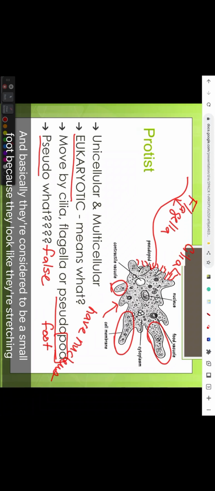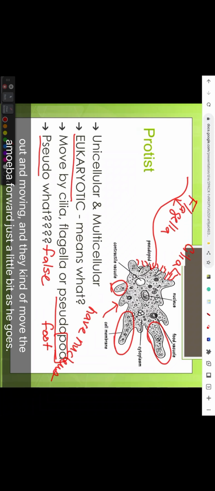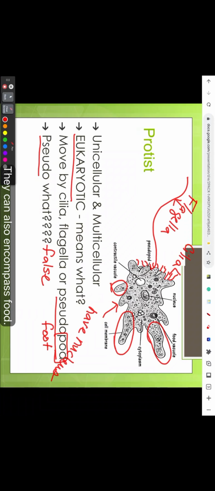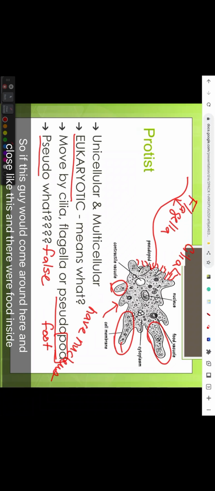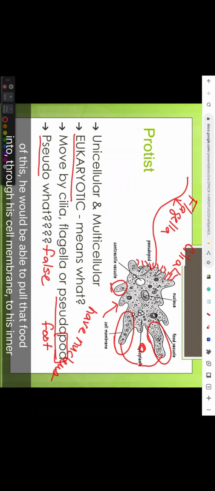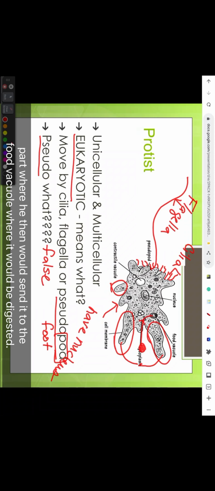They're considered to be a small foot because they look like they're stretching out and moving, and they move the amoeba forward a little bit as he goes. They can also encompass food. If this guy came around here and closed like this and there was food inside of this, he would be able to pull that food through his cell membrane to his inner part, where he then would send it to the food vacuole where it would be digested.